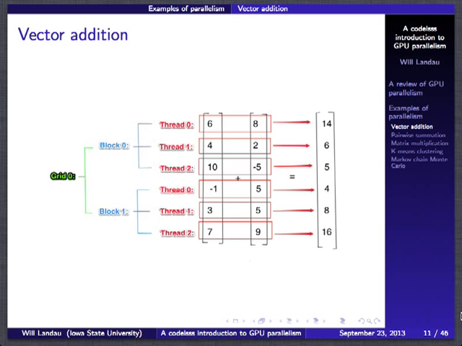So if I had vectors like this, let's say 5 elements each, and I say I'm going to call this program with 2 blocks and 3 threads per block, I'm going to get an extra thread, but I better make sure not to use it, because if I try to use it, I'm going to try to access the 6th element of each array, and that's an illegal reference. You really want to make sure that you're staying within bounds.